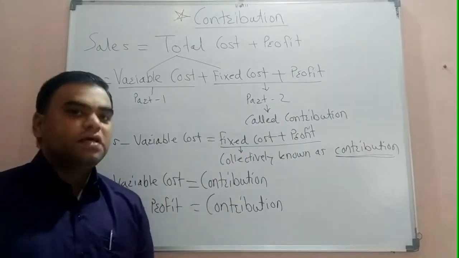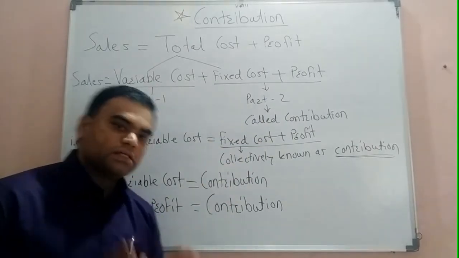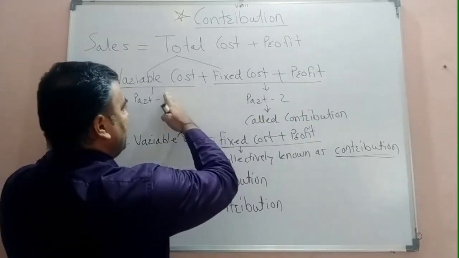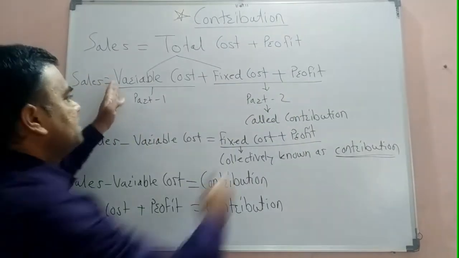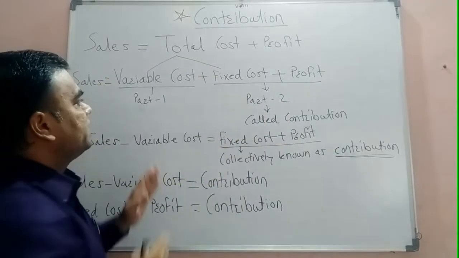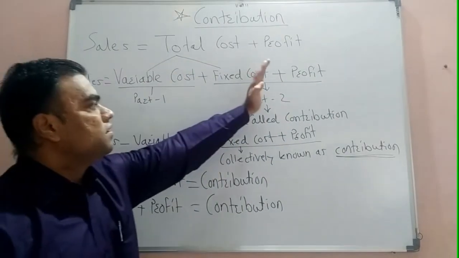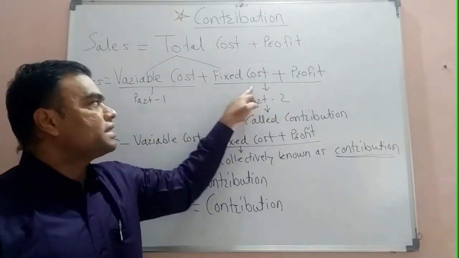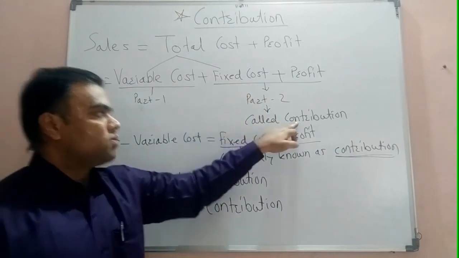As we have discussed, contribution is nothing but a part of sales. Sales include these three items, and if they are categorized into two parts, the first part is variable cost and the second part is contribution. So fixed cost and profit collectively are known as contribution.